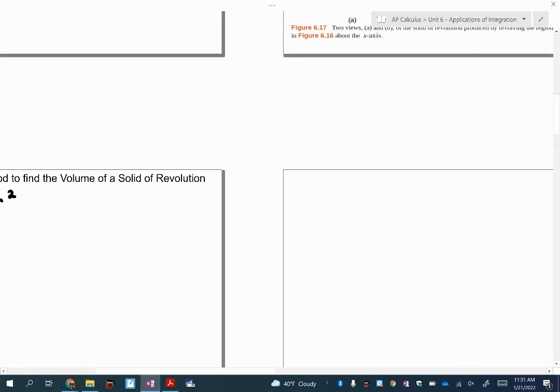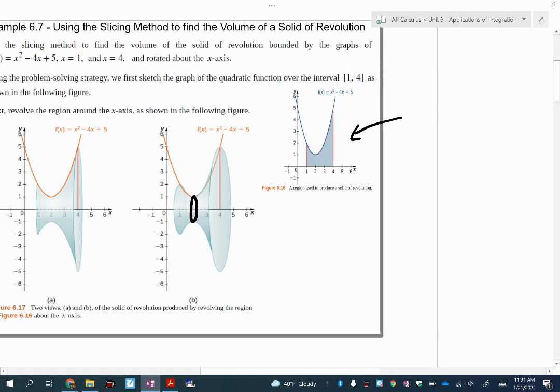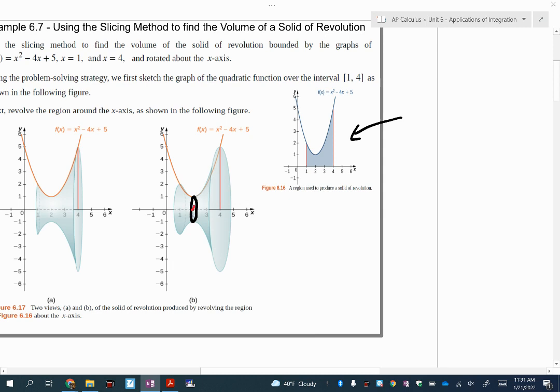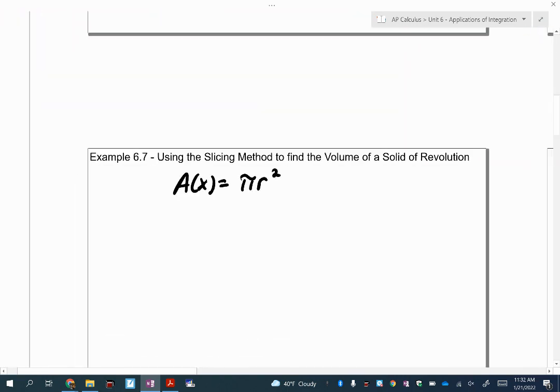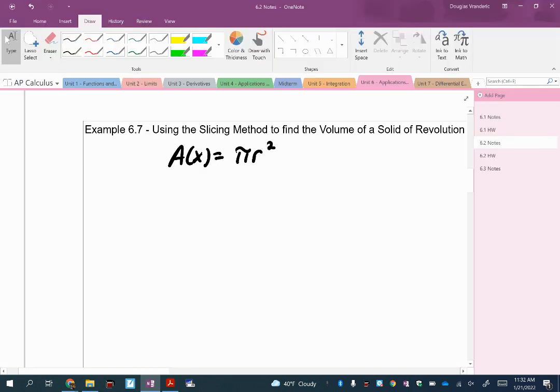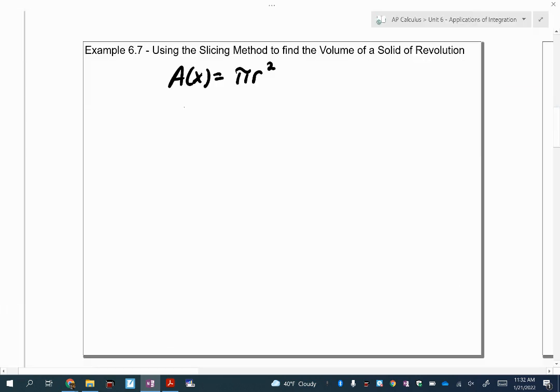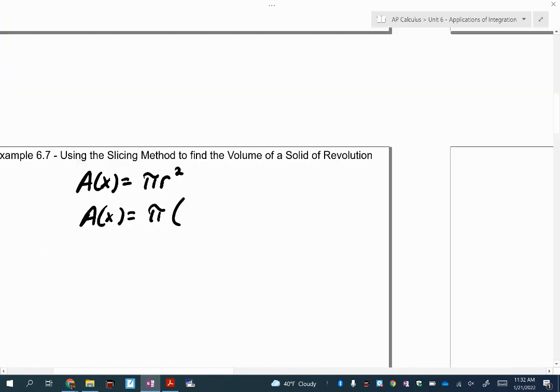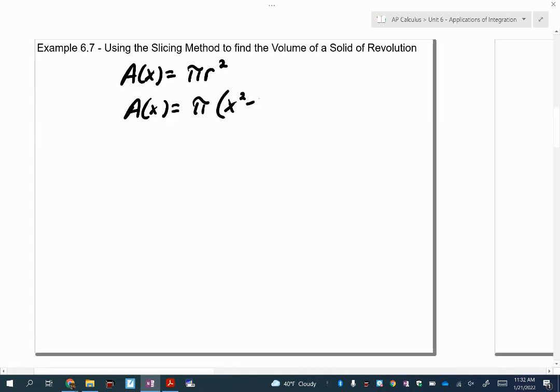And if you look here, the radius of this circle, I'll just use the one that I drew here, is the distance from the center of the circle to any point. And you notice I drew it to the point that is actually a part of our function. So our radius for this one ends up being our function. So I'm going to write down that our area is actually pi times our function squared. And our function is x squared minus 4x plus 5, and all that squared.